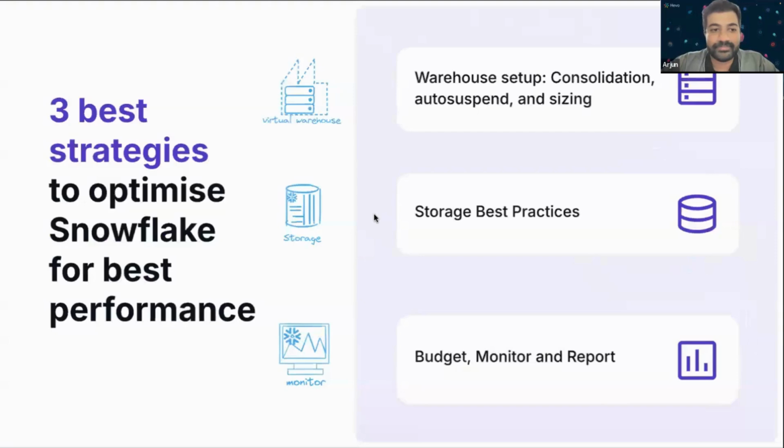Great. So the number one thing is your warehouse auto suspend. When you spin up a new warehouse in Snowflake, it comes with a default of 5-minute auto suspend. If you spin up a brand new account, the warehouse that comes with the account has a 10-minute auto suspend. And with Snowflake, you're paying by the minute.